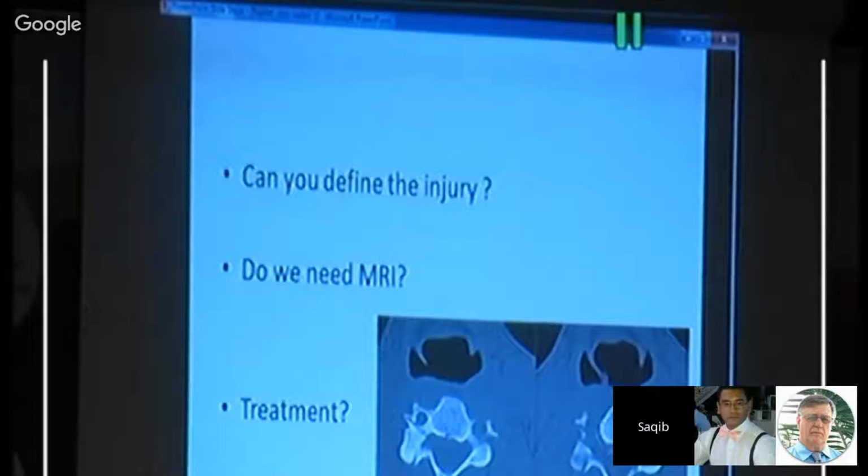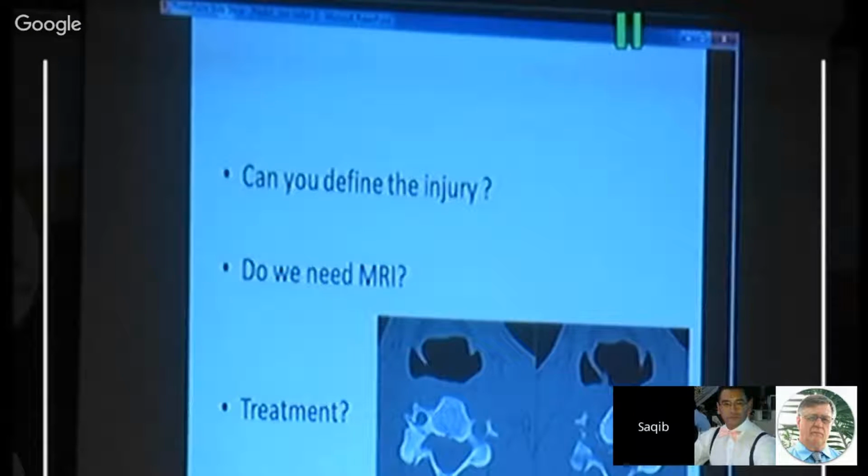And the question is, in such a case, what is the treatment of choice? Conservative or surgery? For the type of surgery, we use many different scales.